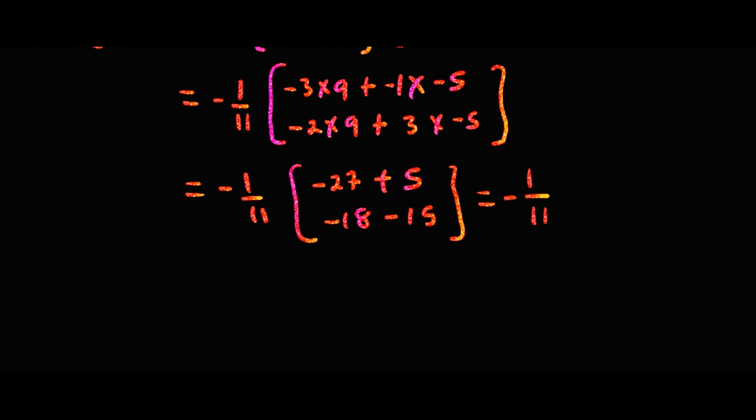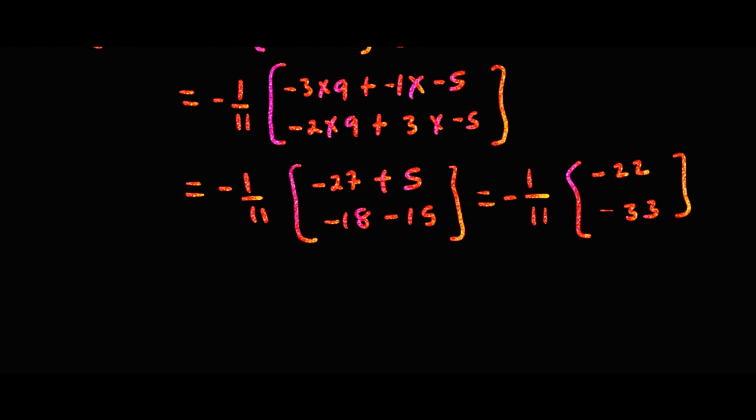We have negative 1 over 11 into minus 27 plus 5, which is the same as minus 22. Then minus 18 minus 15 is the same as minus 33.